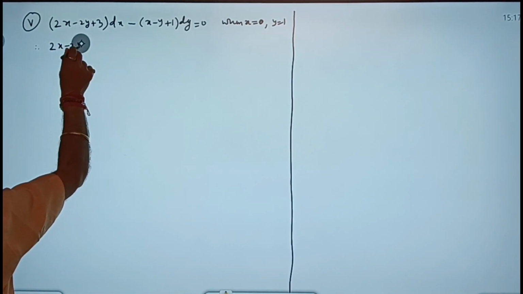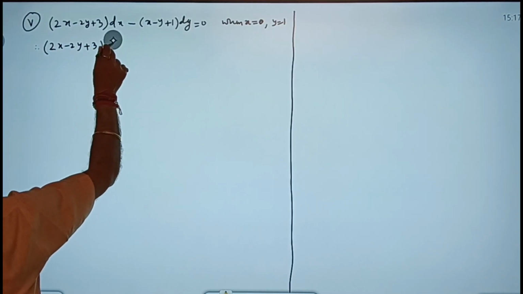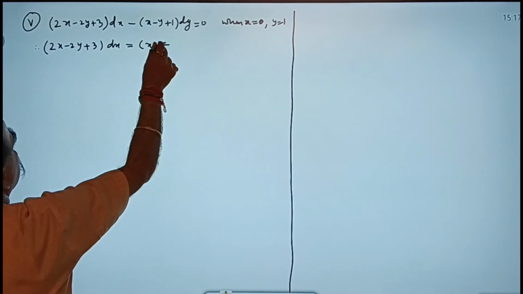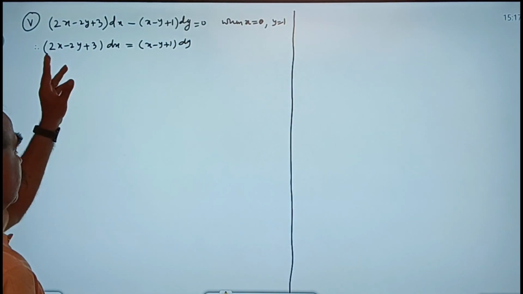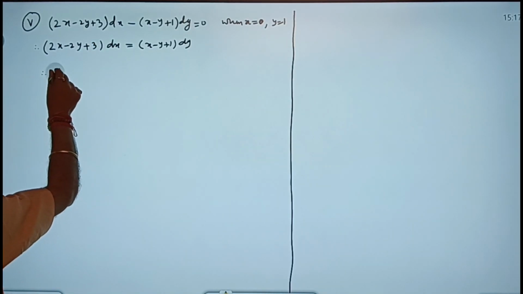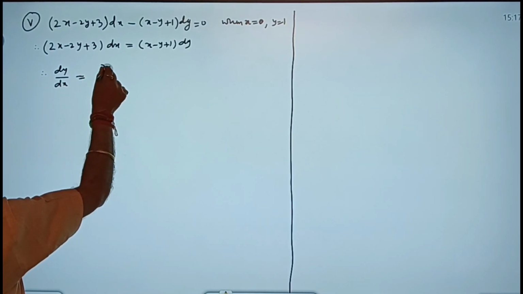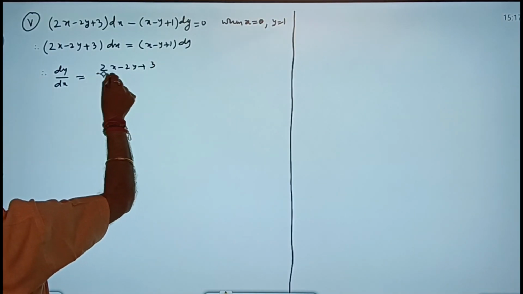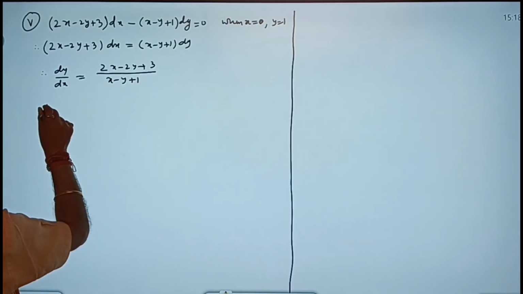So 2x minus 2y plus 3 dx is equal to x minus y plus 1 dy. Transfer dx on that side, bring this on this side. Therefore, dy by dx is what? 2x minus 2y plus 3 upon x minus y plus 1.